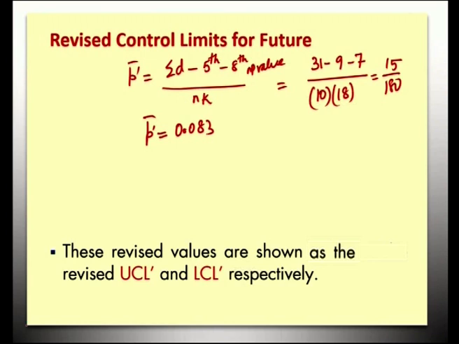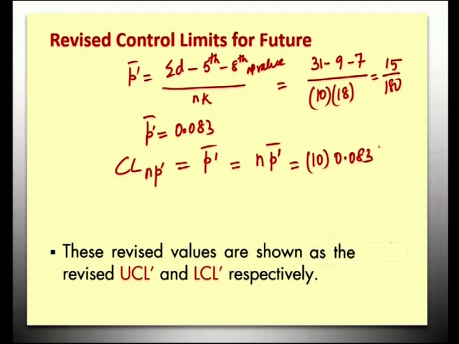Now, next CL of NP dash. Since it is new, we will have CL as n P bar dash, which is equal to n into P bar dash, where n is 10 and P bar dash is 0.083. So, CL of NP dash is equal to 0.83.